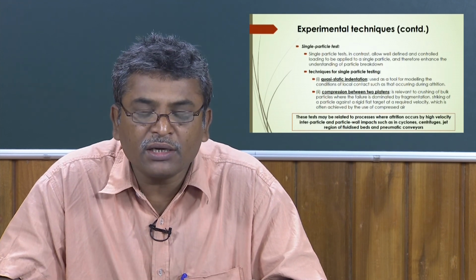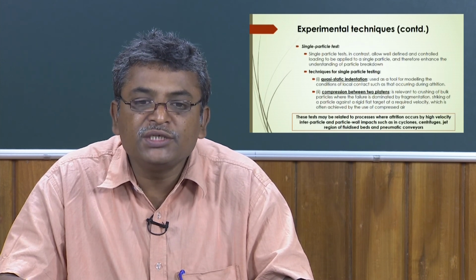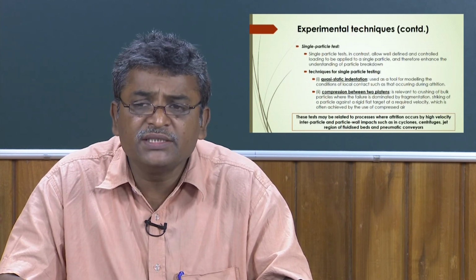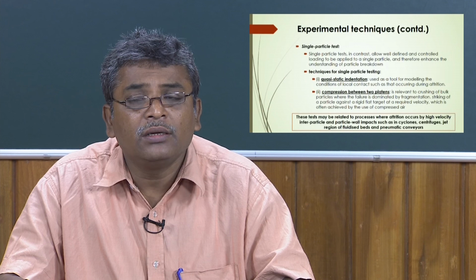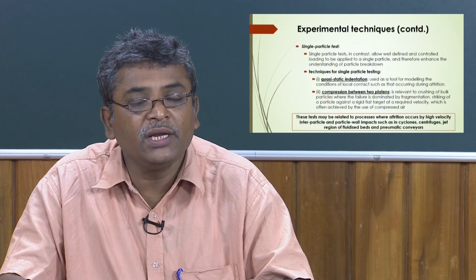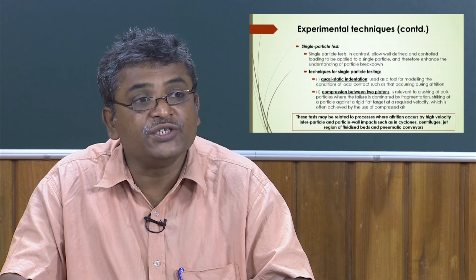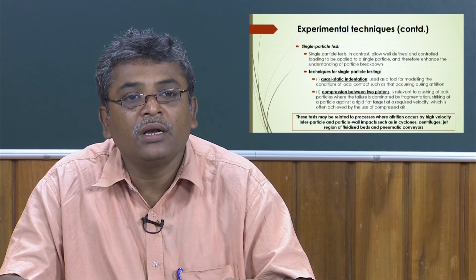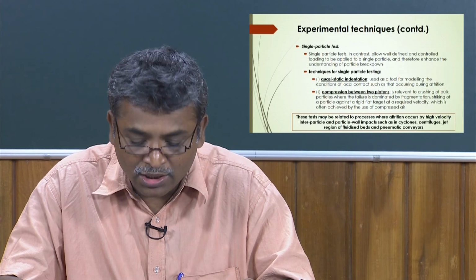You will see that attrition is predominant in the region of the distributor, where the gas jet is coming from the distributor hole. The velocity of the jet will be very high, and if your hole size is very small and gas velocity is high, you will get a high jet, and because of that the particle interaction and collision between the particles will be higher, and because of that there will be attrition.